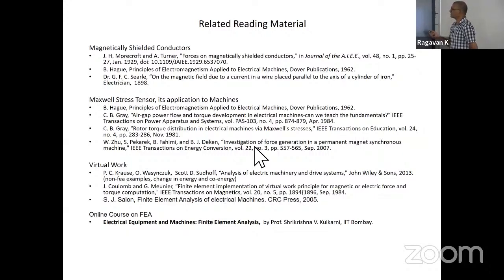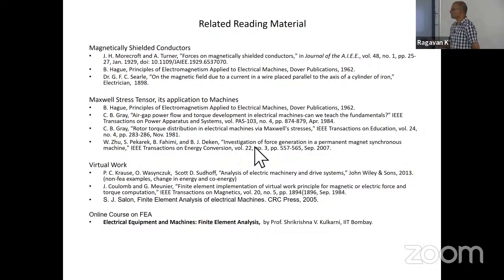You may want to read some simple papers on shielded conductors. They're a little old, somewhere around 1962. For Maxwell stress tensor, you can find a lot of literature starting from the 1940s and 50s up to the 2010s, which explain how to understand it or use it in different domains. This 2007 paper simply applies it and explains what you will find if you apply Maxwell stress tensor in machines.